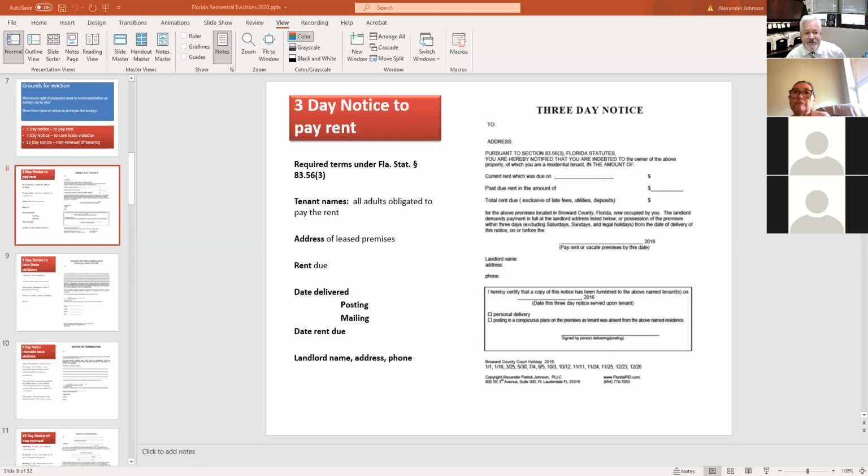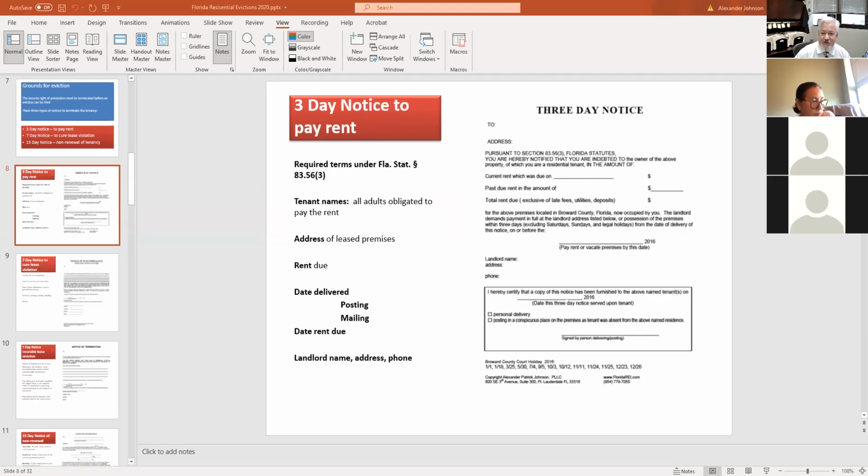But the thing is that judges and defense attorneys and legal aid will think that you might have made a mistake by adding those extra fees. So if the rent is $500 and your 3-day notice is $550, it's going to look like you added a late fee. So even if your lease said that late fees are rent officially, you may get the unwelcome attention of defense attorneys that think that they're going to get your case dismissed and then you'll have to pay their fees.